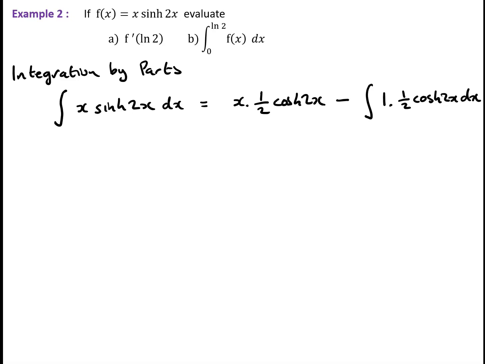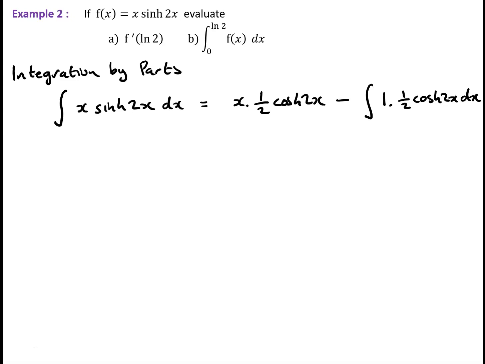But then I must subtract the integral of the first bit differentiated times the answer to the second bit integrated. So in this case, the first bit differentiated is 1. The integral of sine 2x is a half cos 2x.